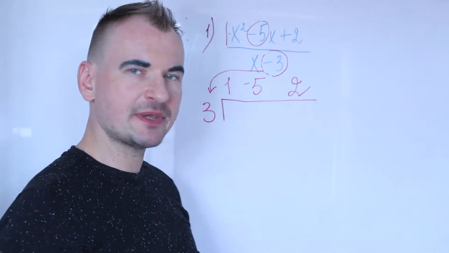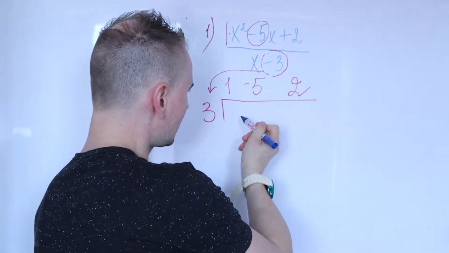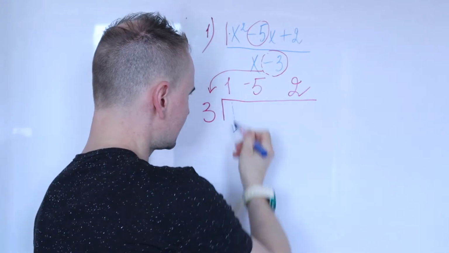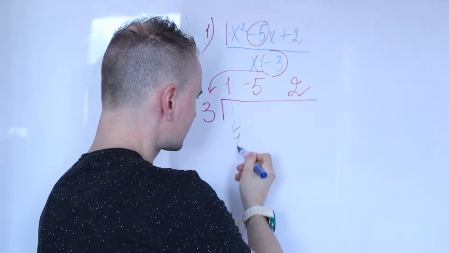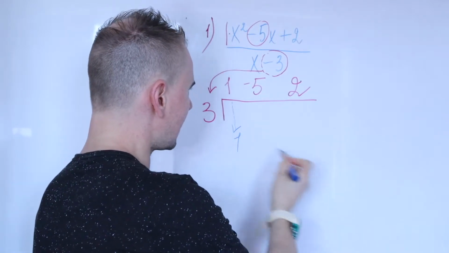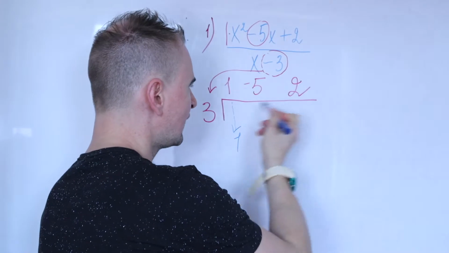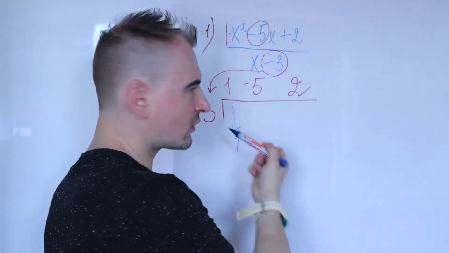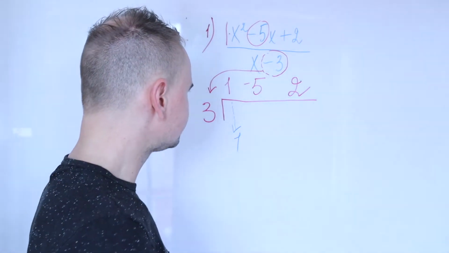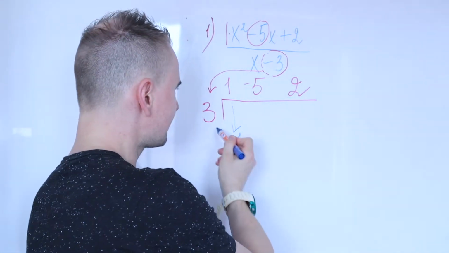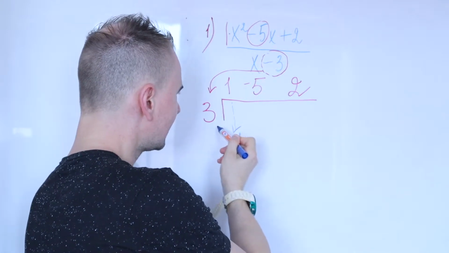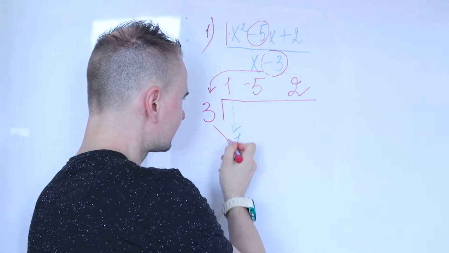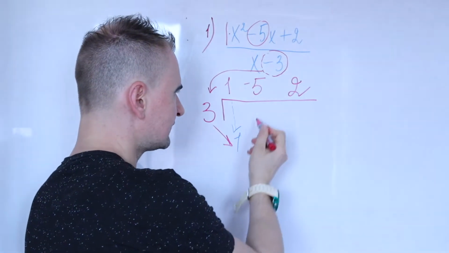Now, this is your setup. And the next step is you're going to bring down this 1, just bring it down as is in the next line, and here you are going to leave one row of space. Now the next step, you are going to take this 3 and multiply 3 times 1, that gives you 3.